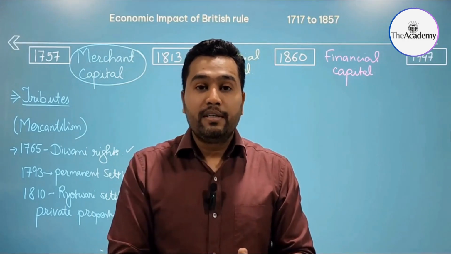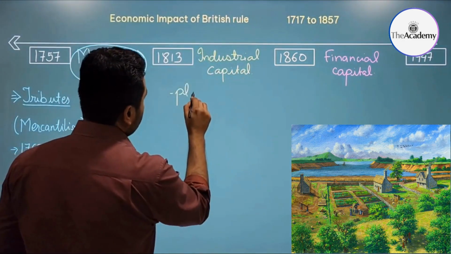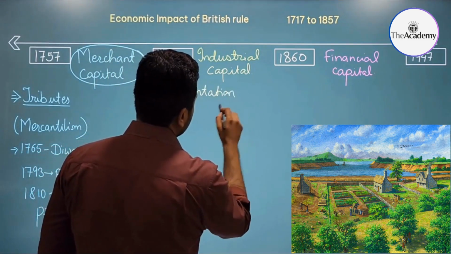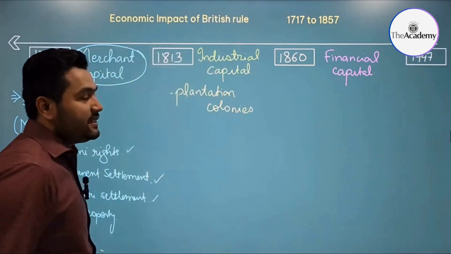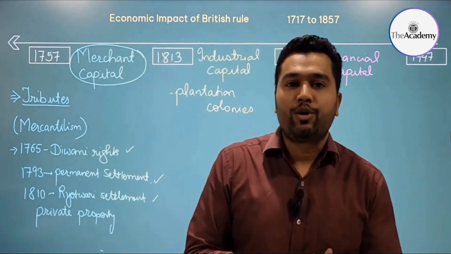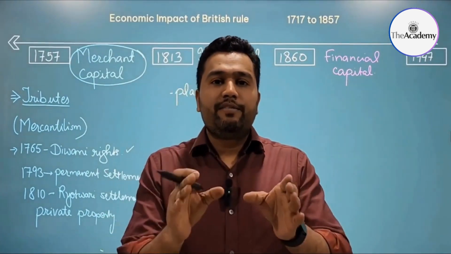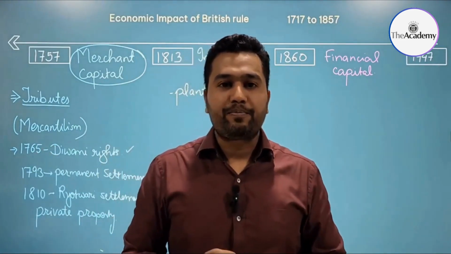And therefore, they started establishing plantation colonies. Now let us understand what exactly plantation colonies are. If we talk about agriculture, it's always divided between food grains and non-food grains, what we call cash crops.